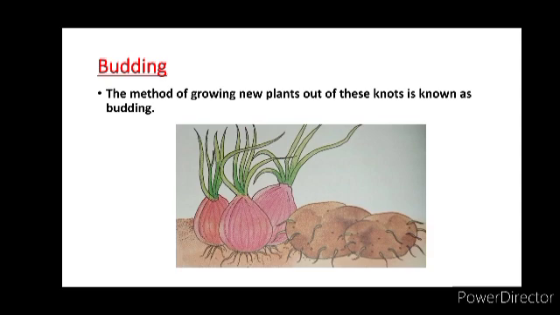Onion, potato, garlic and ginger are underground stems, found below the ground level, and they have bud heads on them. When planted in soil, a new plant will grow out of these bud heads. This is about budding.